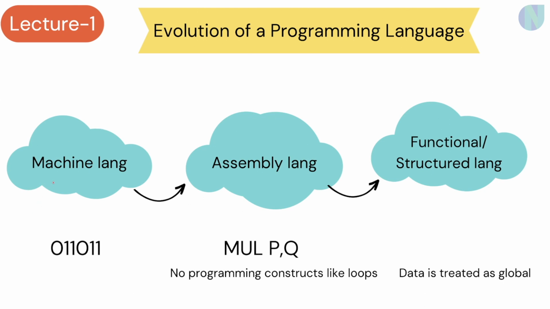So basically here you can see at the very first we had this machine language. So what was this machine language all about? So in this machine language, as you can see 0 1 0 1 1, there are some binary notations which are being used. Whenever we used to give instructions, we use this particular binary notation.